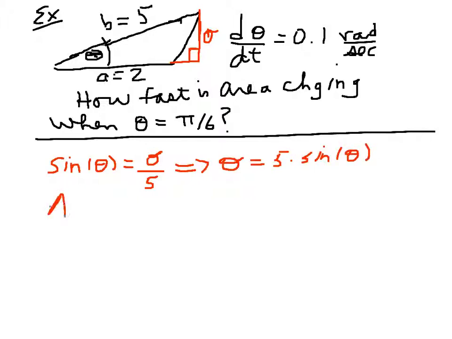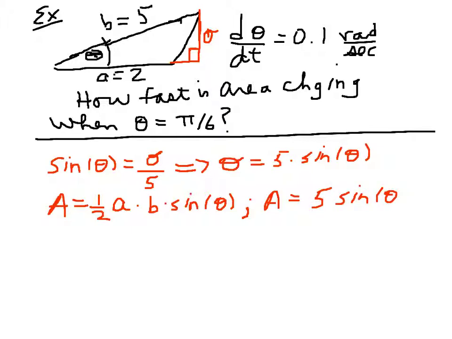So the area of the triangle is 1/2 the base, which is a, times the altitude, which is b times sine of theta. And remember I said that a and b are fixed, so really what we get here is that A is equal to 1/2 times a, which is just 2, times b, which is 5 sine of theta.